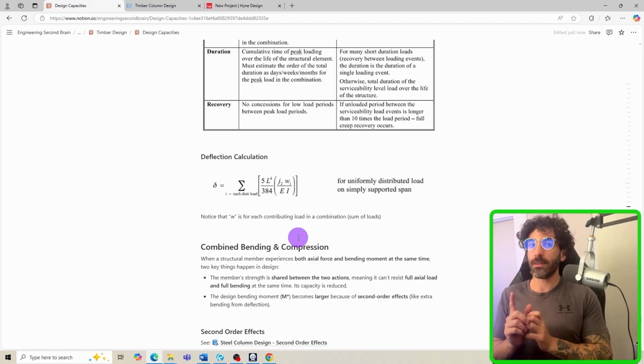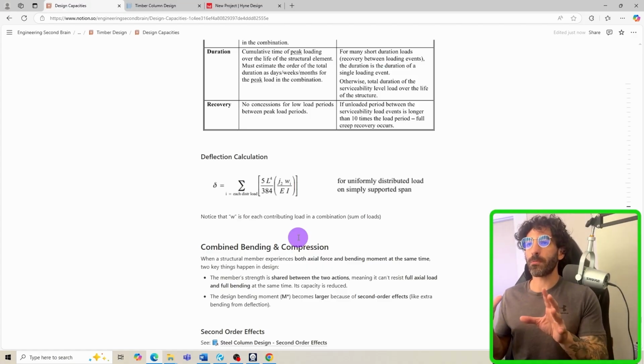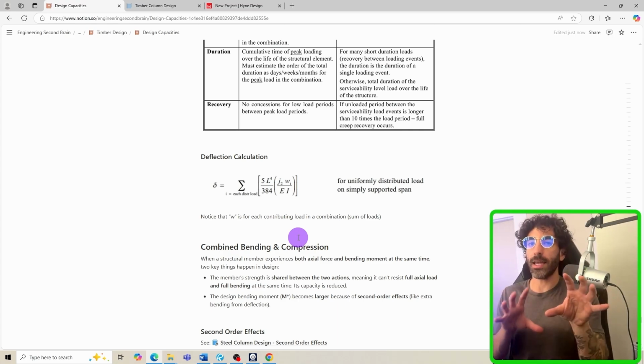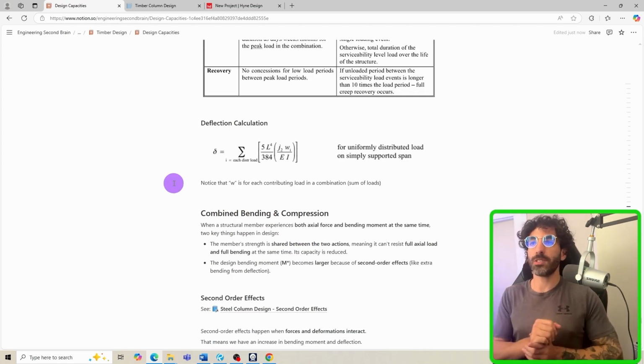Do you remember that? So K1 is for the strength check of the beam, and J2 is for the serviceability check of the beam. So they're both duration of load factors, but one is for the strength and the other one's for the serviceability. So that was it for this lesson.